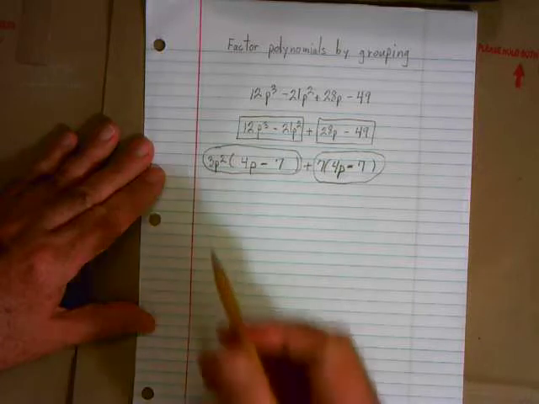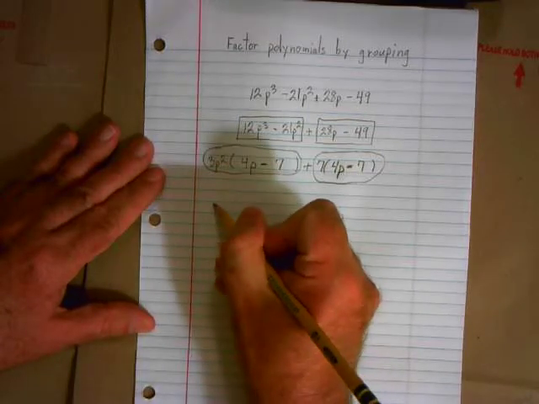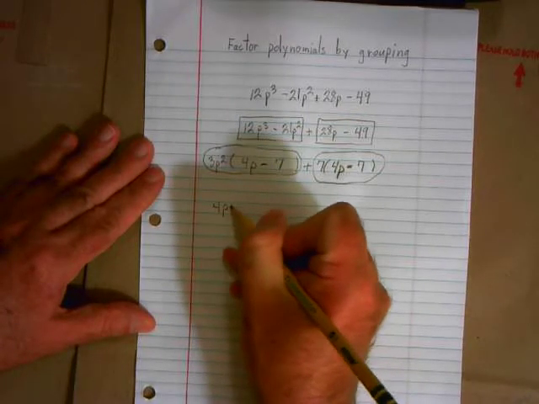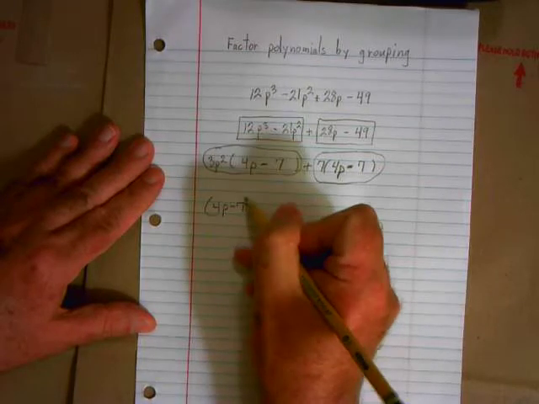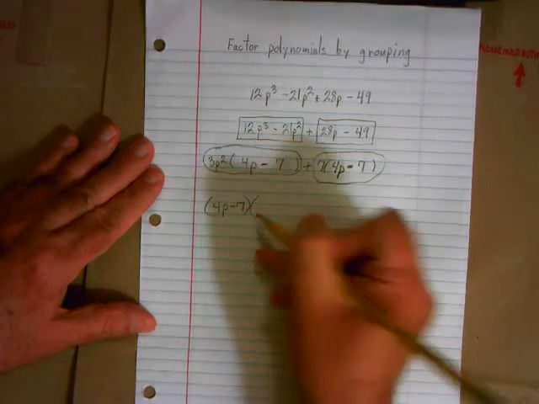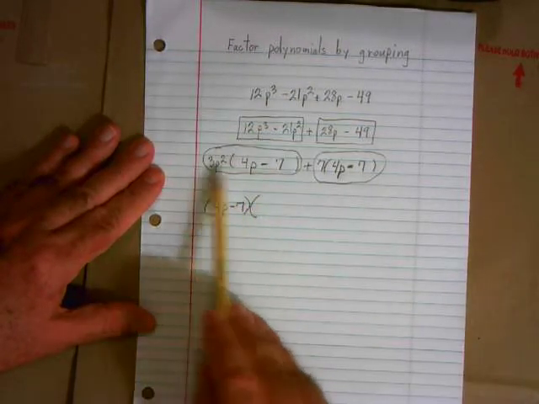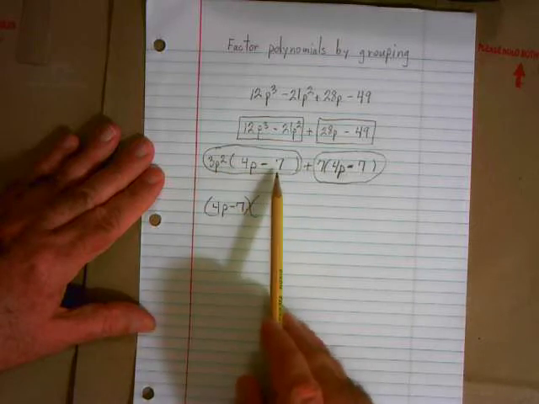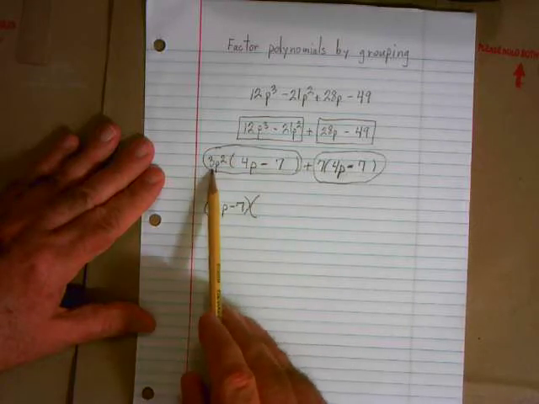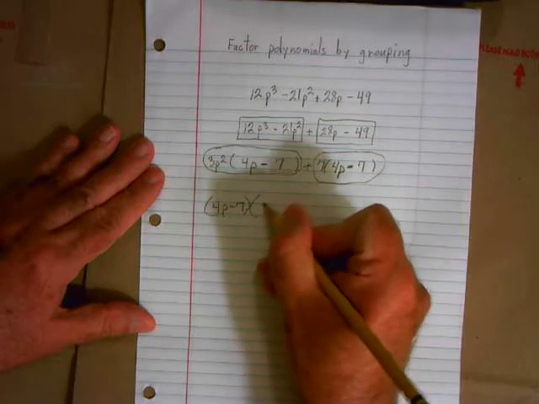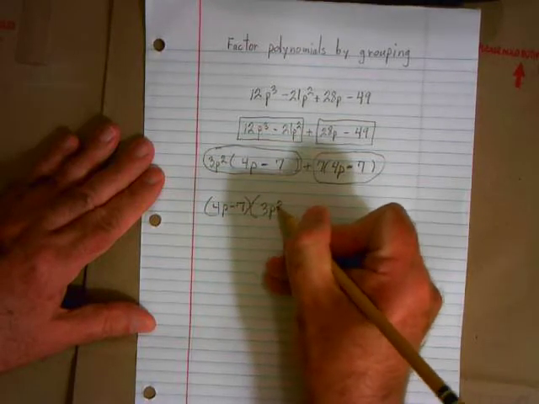So let's divide out 4p minus 7, and from this front term, if we divide out 4p minus 7, all we have left is 3p squared.